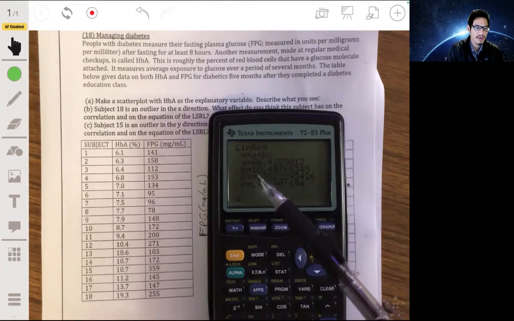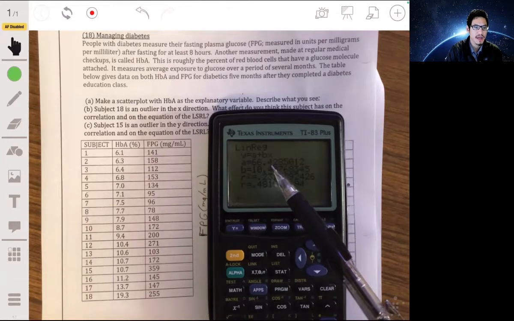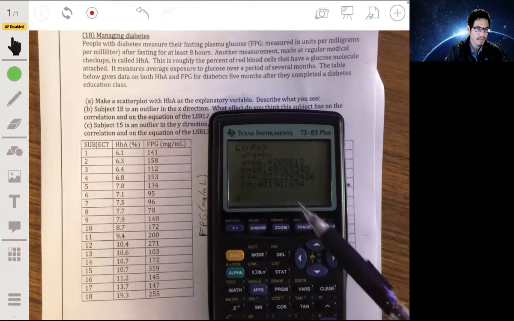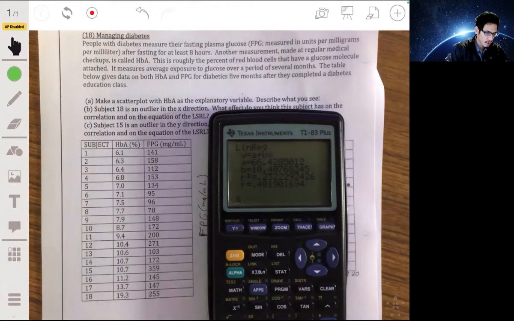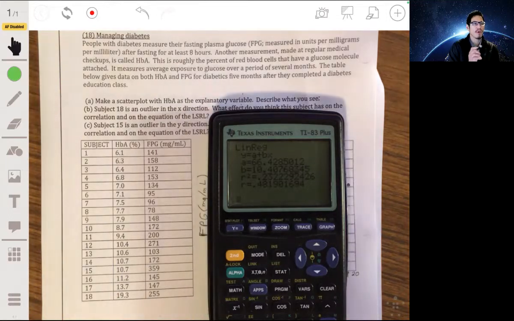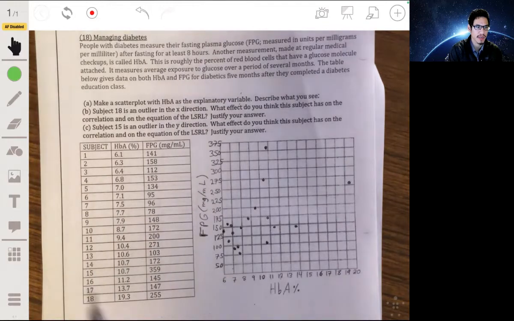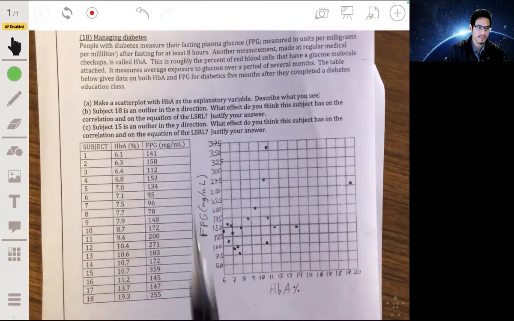So I would have an equation for my predicted y value, but that would be about 66.43 plus 10.41x. So we're going to plot this line on our scatter plot, and then compare it to what least squares regression lines would look like when we take away these points in parts B and C.